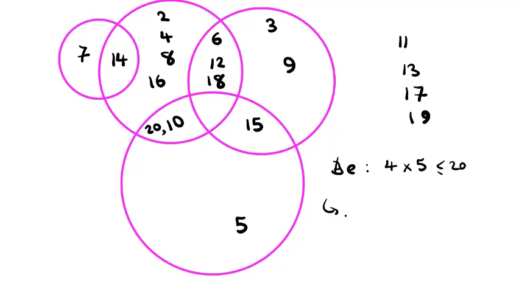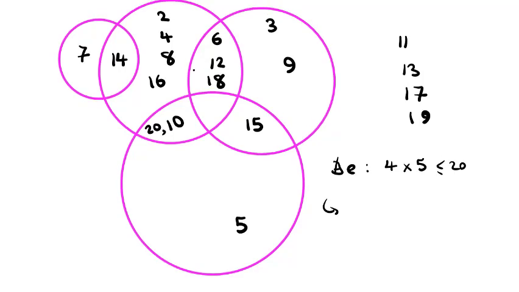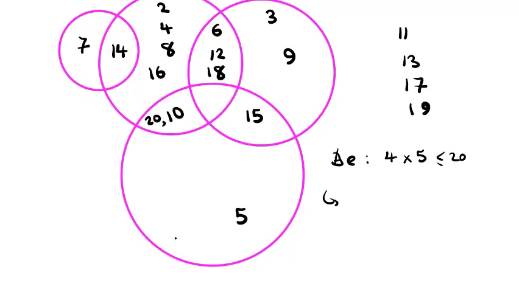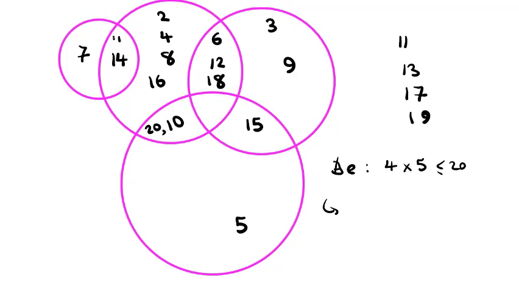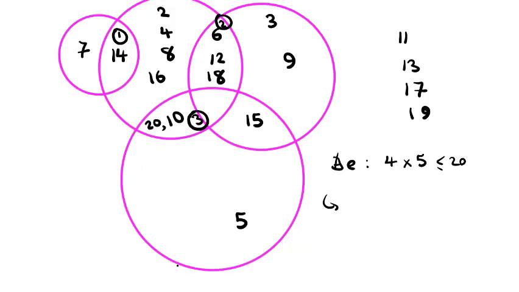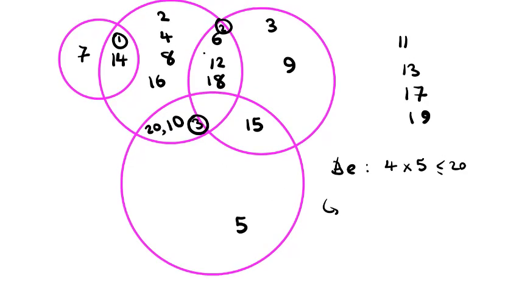So let me at first tell you an example that is good. But before considering that, let me tell you all the cases. For example, I say this part is 1, this part is 2, this part is 3. I want to split the numbers into 2 parts. One of them is what?